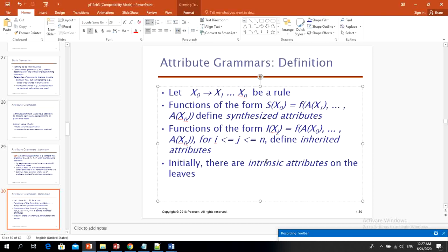This defines what is called synthesized attributes, which is the explanation of the computation of these expressions.